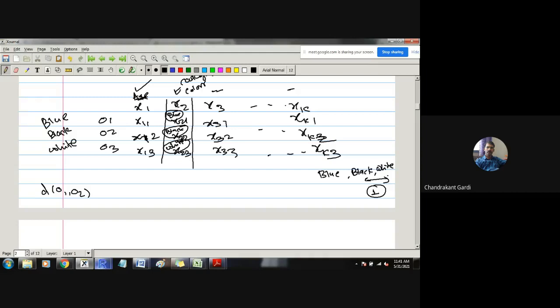Blue and black, even if they are different, considering their shades, are quite near to each other compared to white. So the distance between blue and black will be considered to be, say, 0.5. The distance between blue and white will be considered as 1, and the distance between black and white will be considered to be 1.